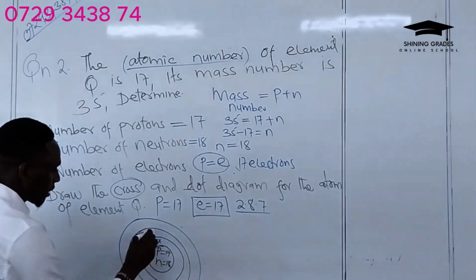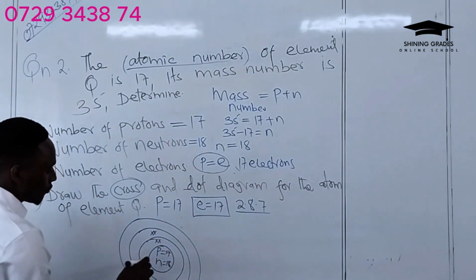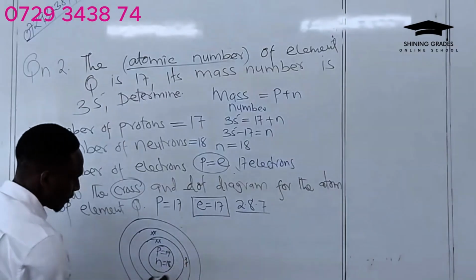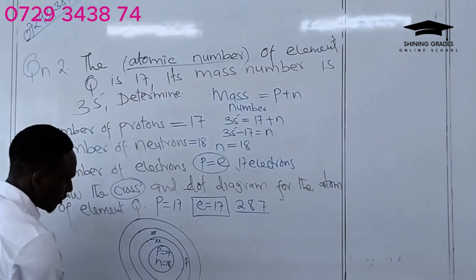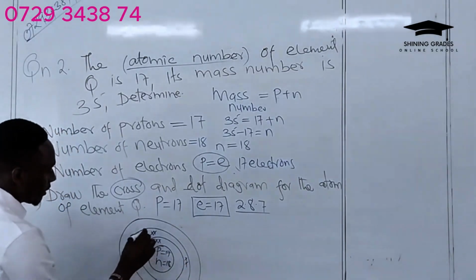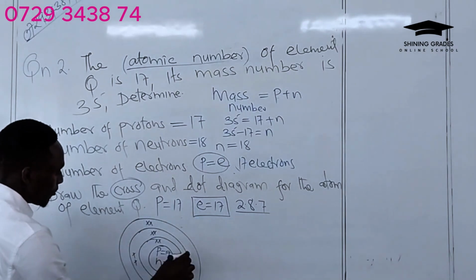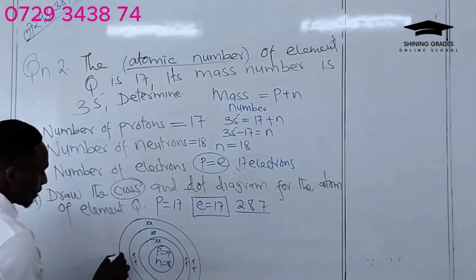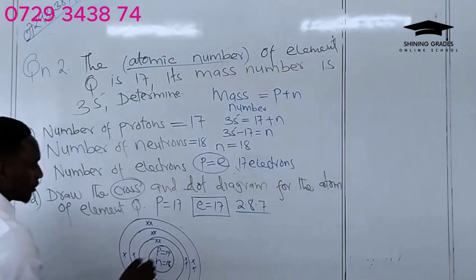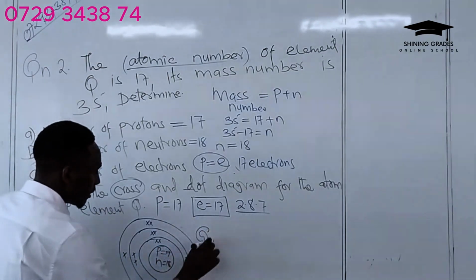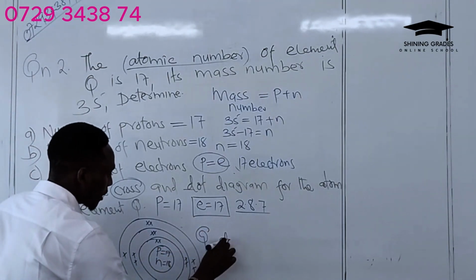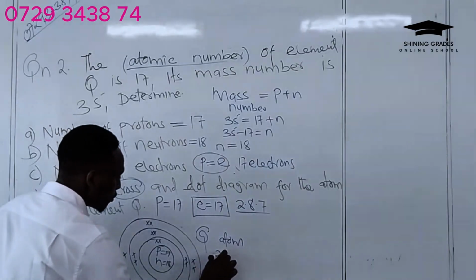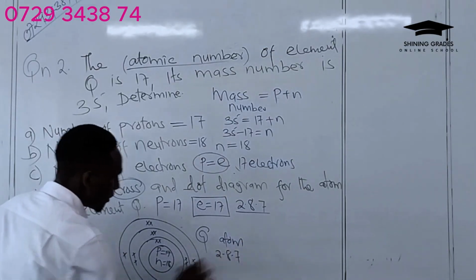The second one carries a maximum of 8. And the third energy level carries 7 electrons. So this becomes an atom of Q, which is 2, 8, 7.